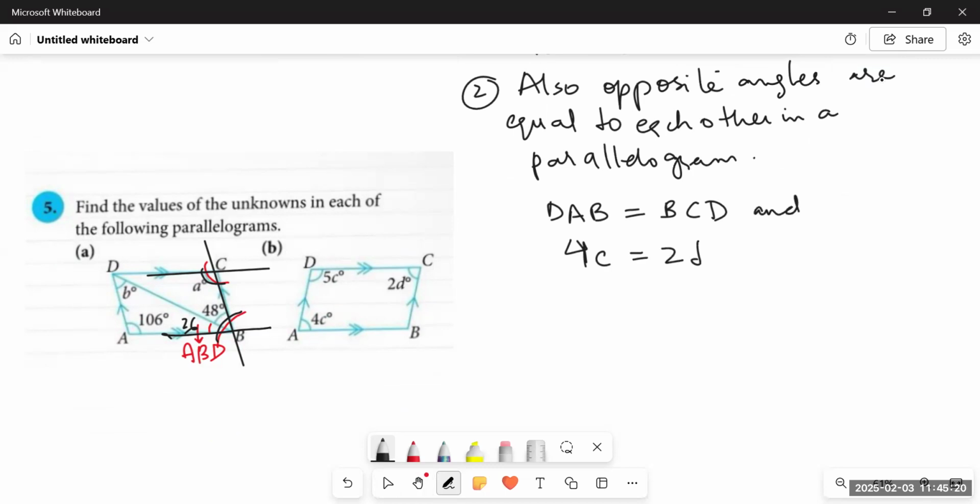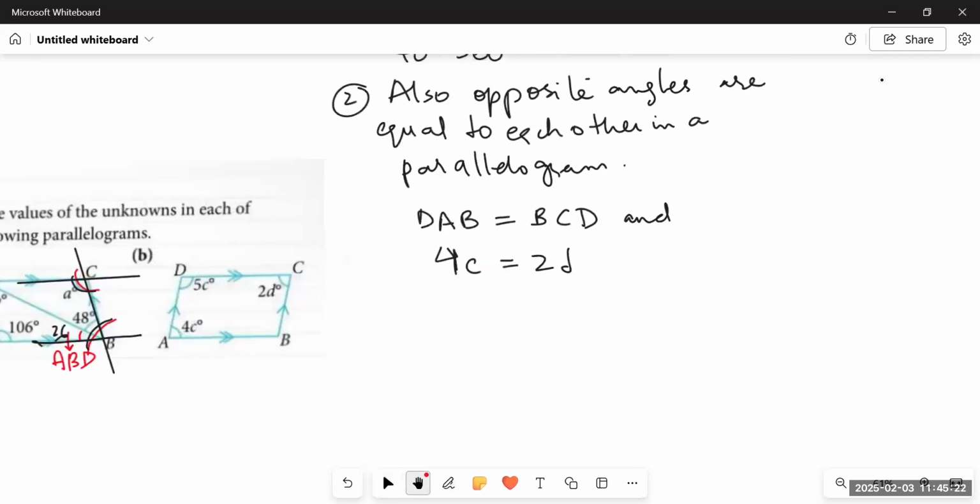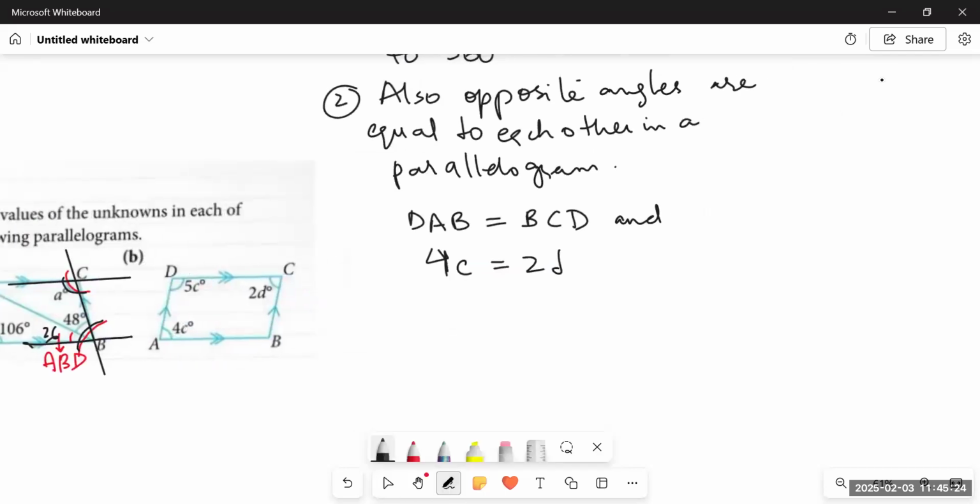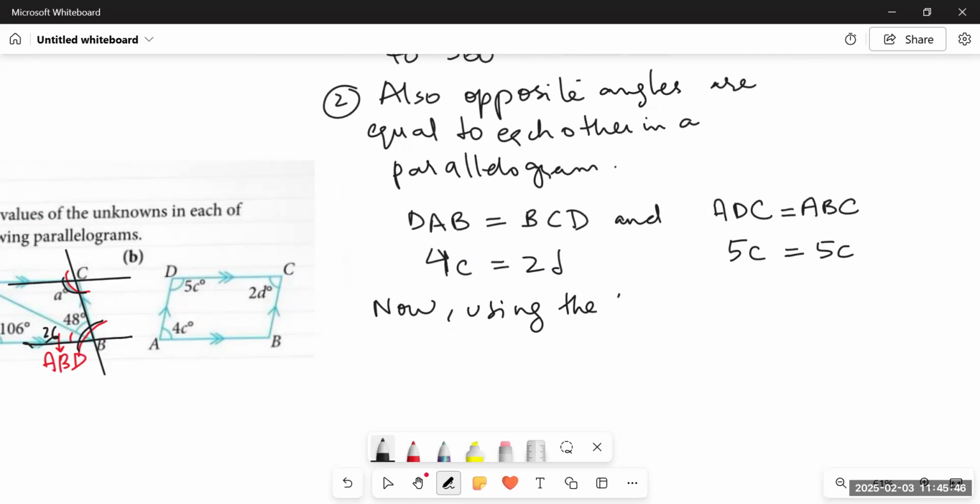And angle ADC is equals to ABC. ADC is 5C. So this would be also 5C since it's not given. Now, using the first property, the first property that we wrote at first.